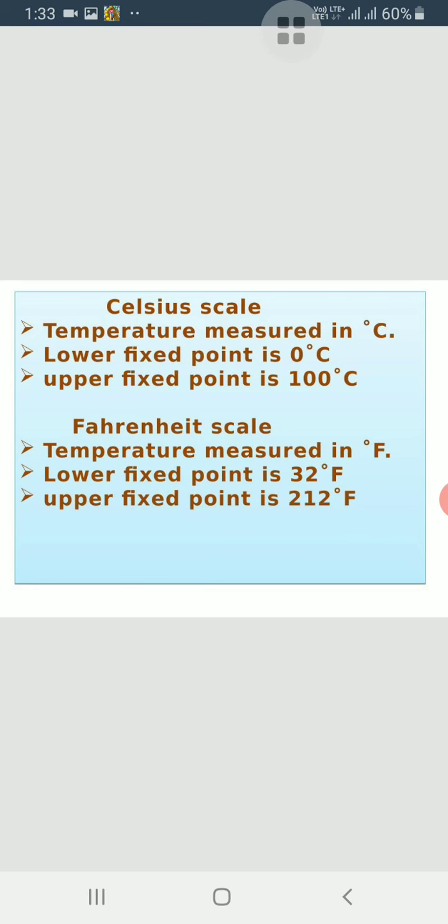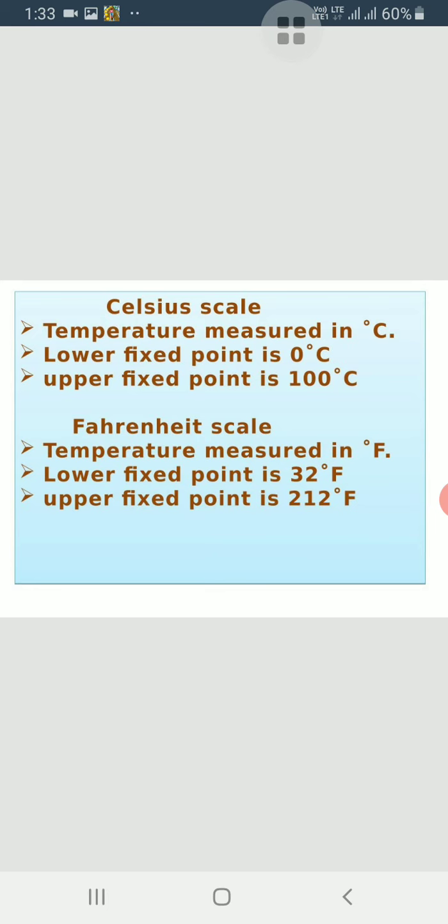Here I say sea level. Why? Because the temperature at which water freezes or boils changes as we go to a higher altitude. It depends upon the height. So, we said that at sea level.